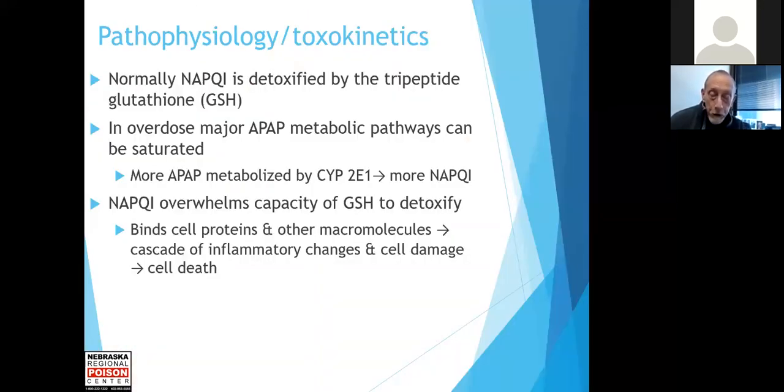So normally, at therapeutic dosing, it's not a problem. People have plenty of glutathione, and you never notice it.